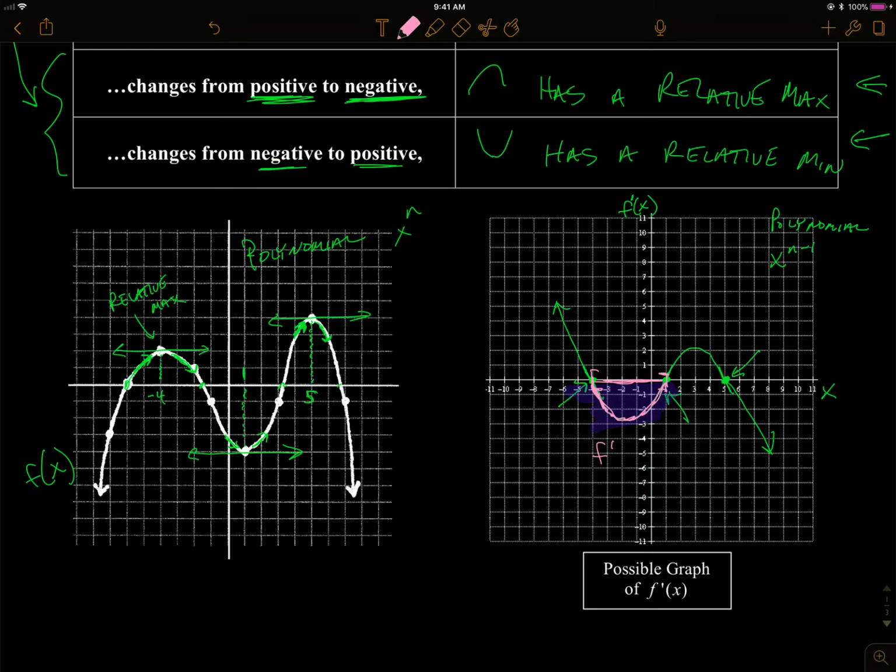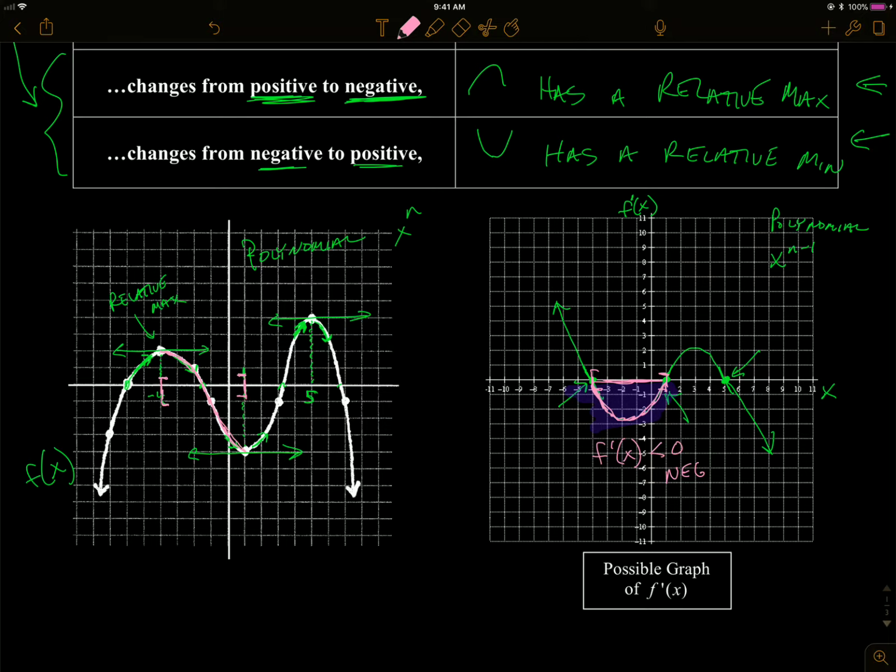That means that f prime of x is less than 0, or the derivative is negative. That means on that same interval, -4 to 1, my function should be decreasing, which it is.